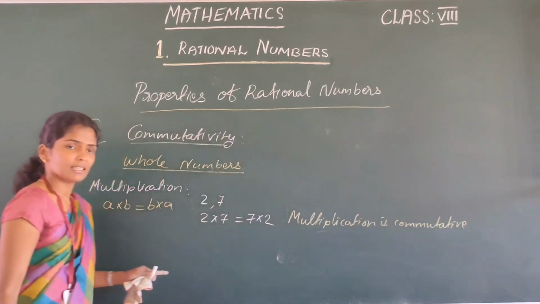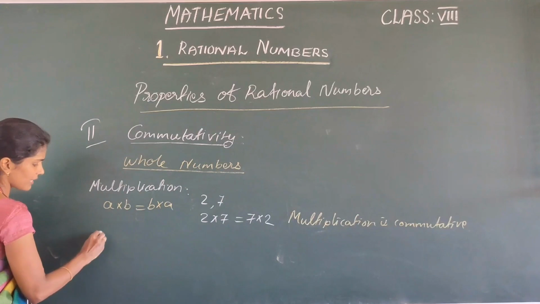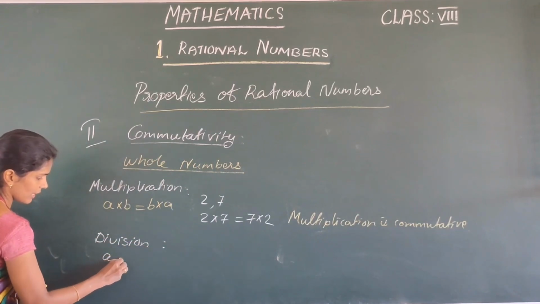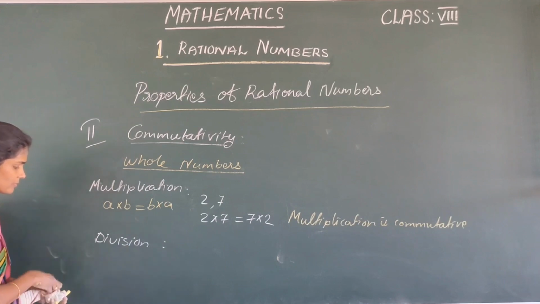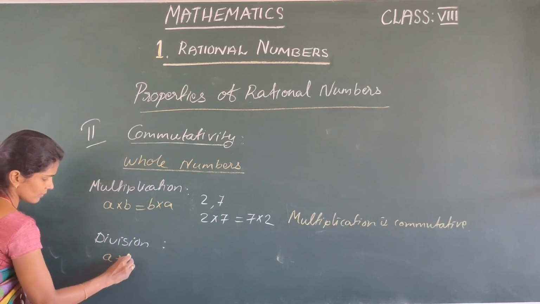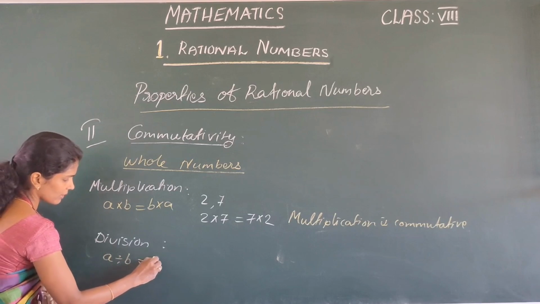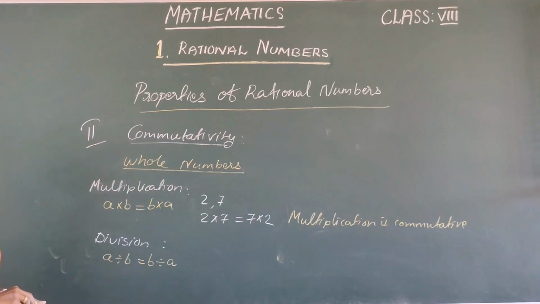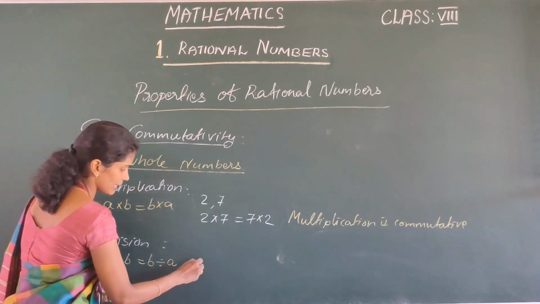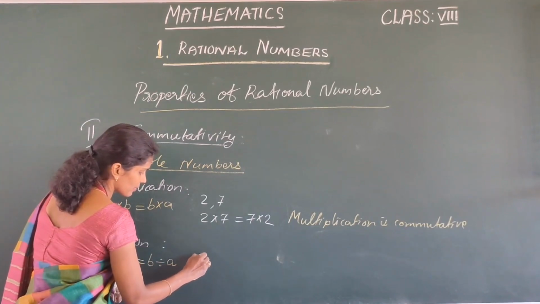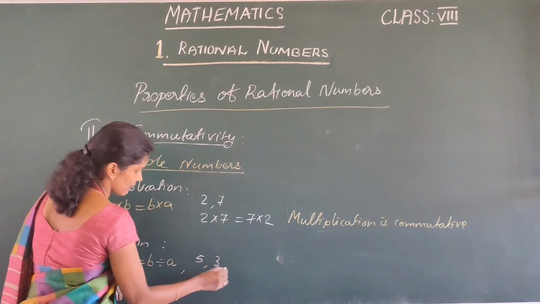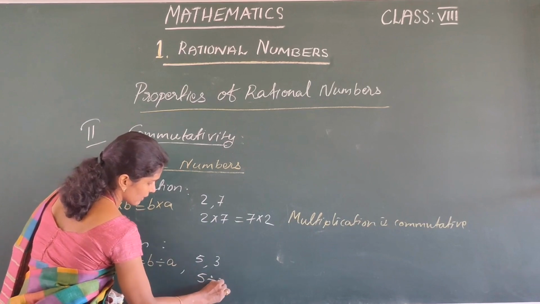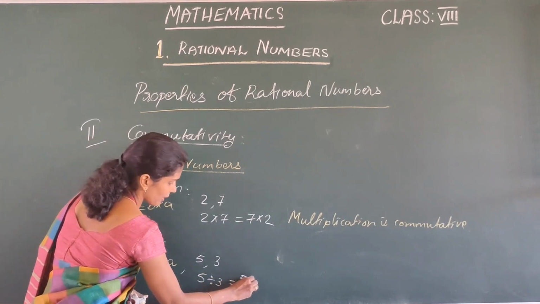Then check the division. In the case of division, if a divided by b equal to b divided by a, we say division is commutative. Take any two numbers, 5, 3. What happened? 5 divided by 3, that is 5 by 3.